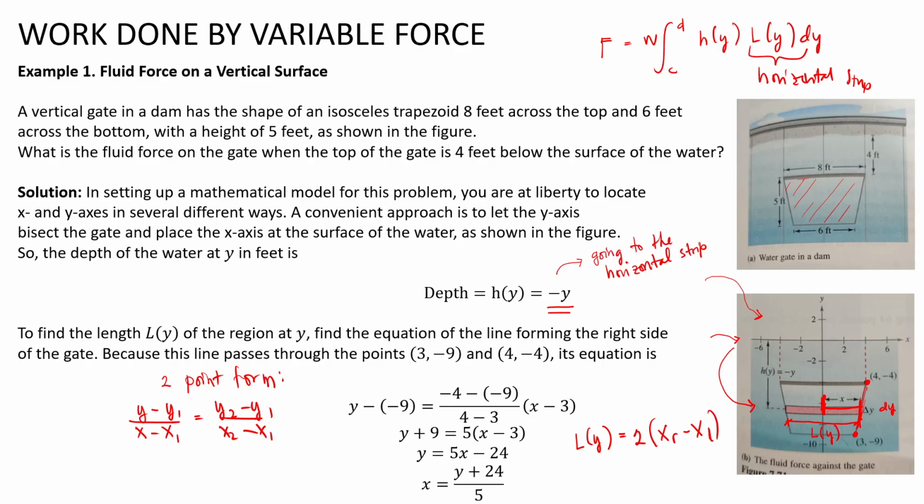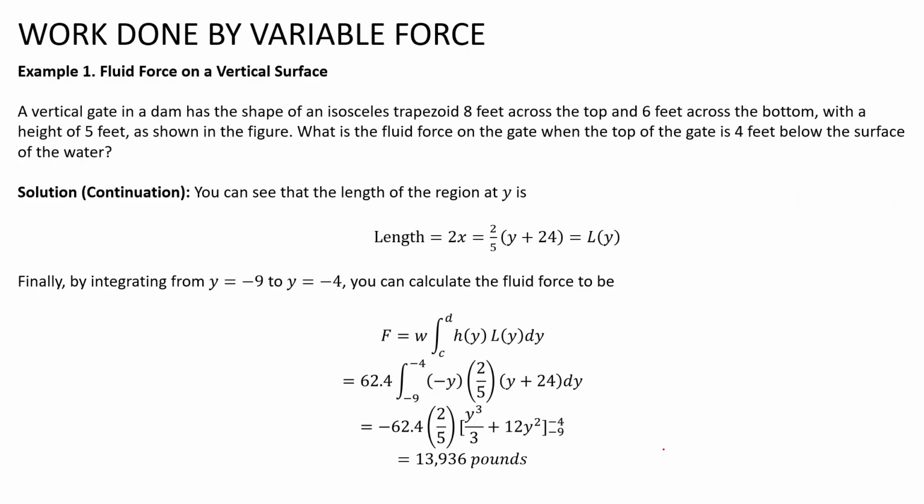That is the two-point form of the equation of the line. With everything that has been done in the calculation, you need to isolate x, and this becomes your x right. Again, x left is the y-axis because that is x equals 0. Determining further, this is your length, and then plugging everything in the equation.